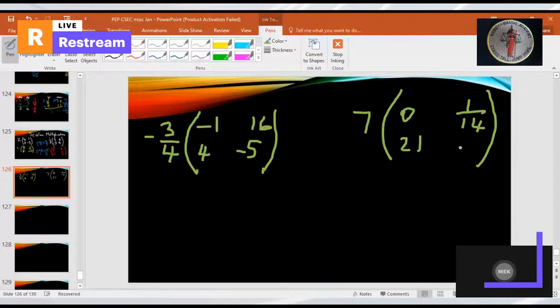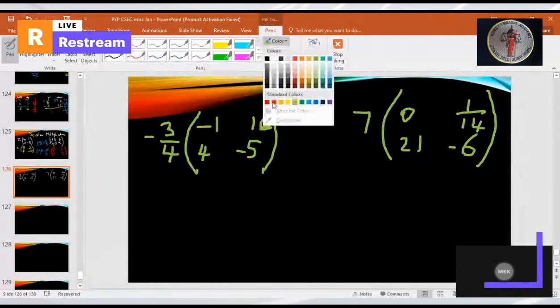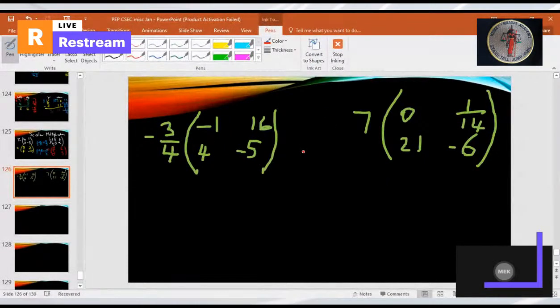All right, so we're multiplying each of the numbers here by the -3/4. Sorry, why am I saying one? I'm saying all kinds of madness this morning. -3/4 times -1.